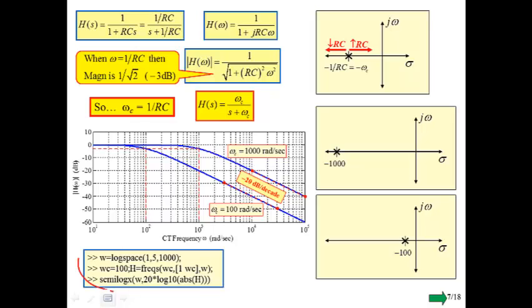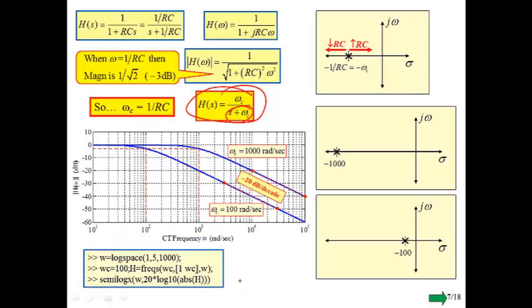And this is just some MATLAB code that tells you how I went about making these nice plots. And you can see I'm using freqs, and I specified my cutoff frequency, and I used that up here. So I had in my numerator WC, in the denominator S plus WC.